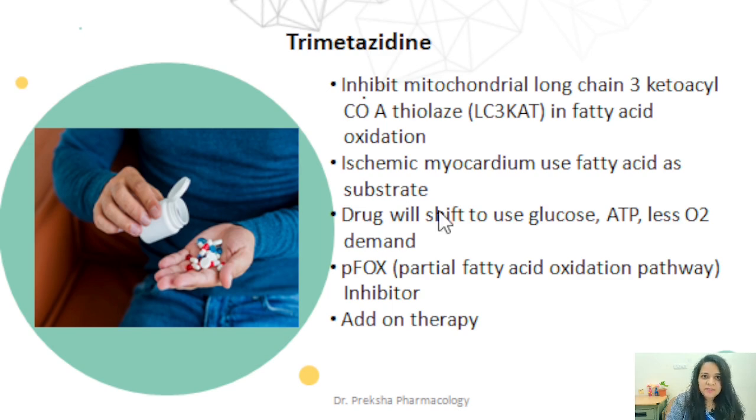This drug will shift this metabolism to use glucose, which requires less ATP and ultimately less oxygen demand of the heart. These are also known as partial fatty acid oxidation pathway inhibitors. And these drugs are used as an add-on therapy for the treatment of stable angina.